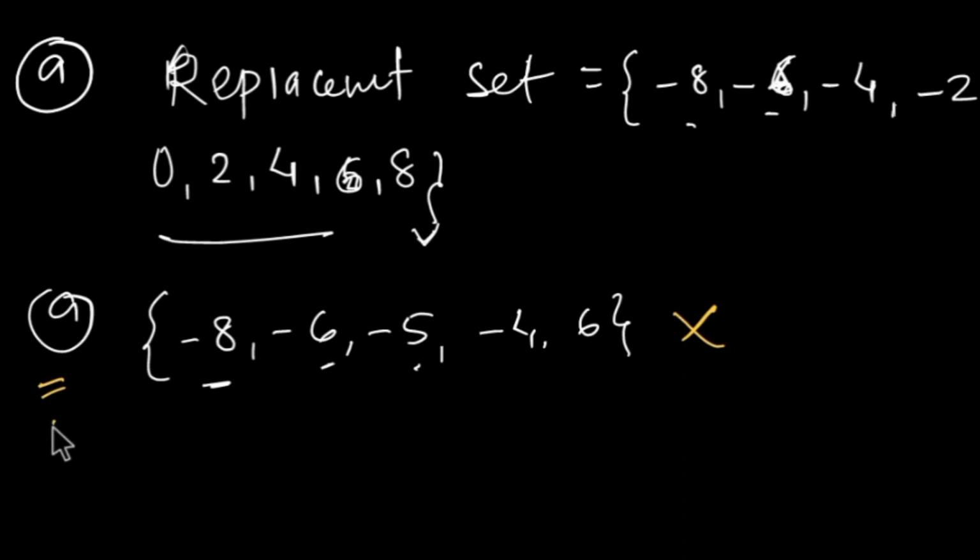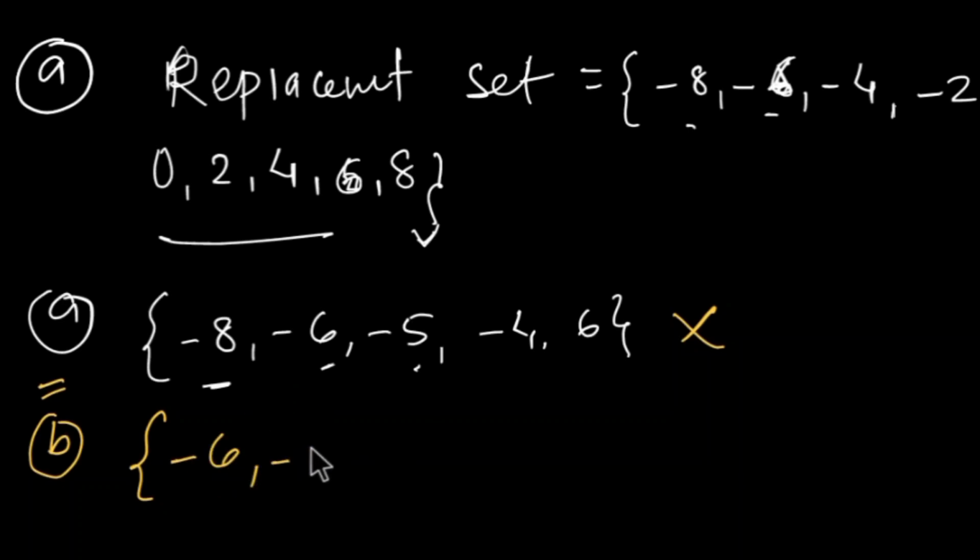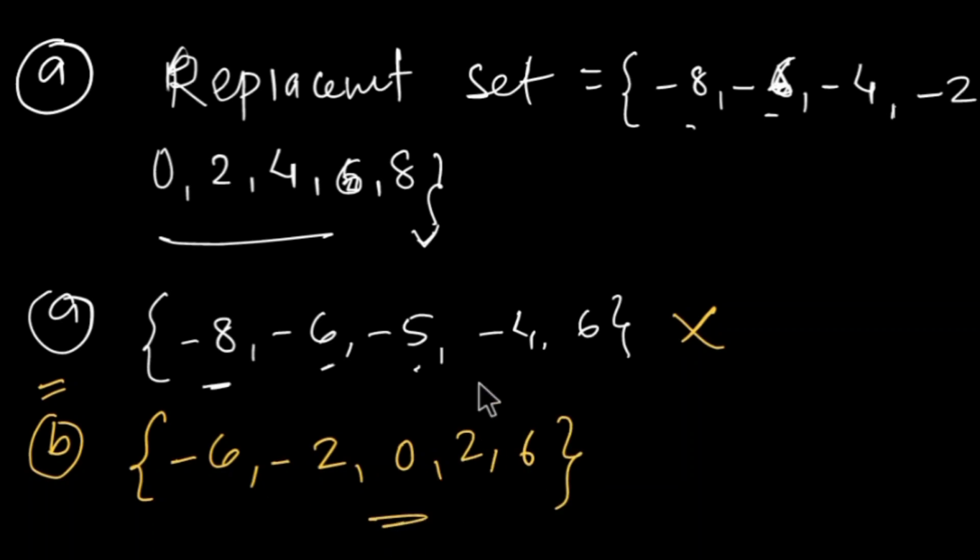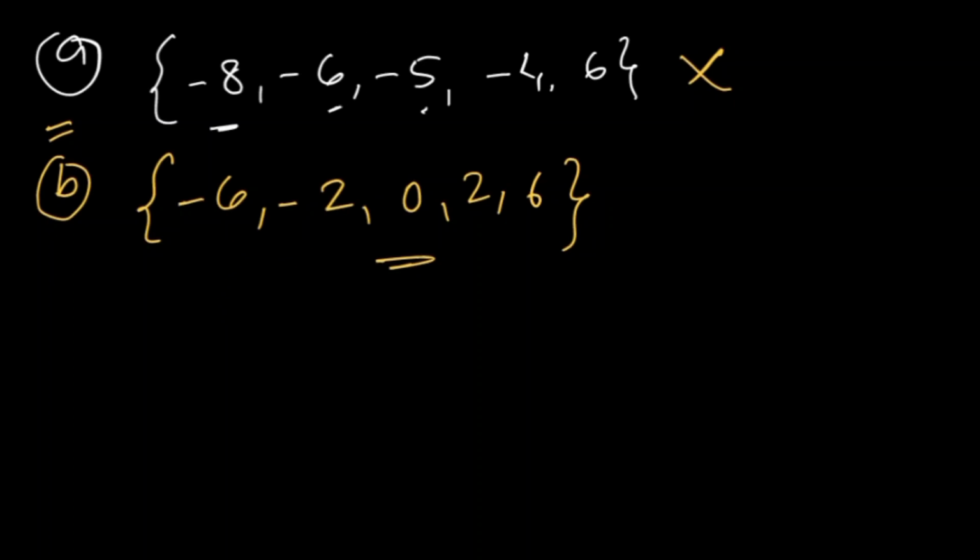So let's see option B. It is an MCQ, so if one is incorrect then the rest are correct. Let's check: minus 6, minus 2, 0, 2, 6. All the numbers given here are available in the replacement set.